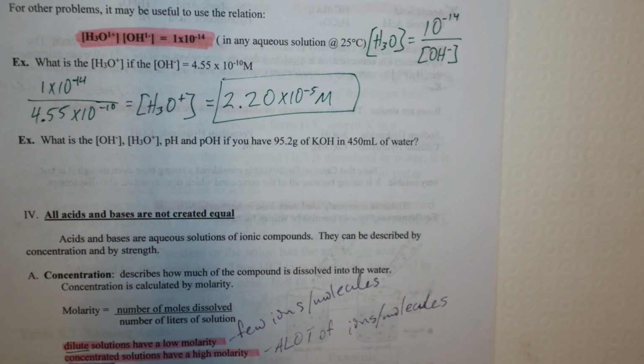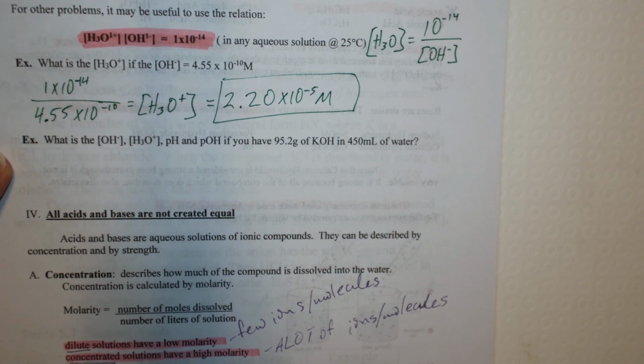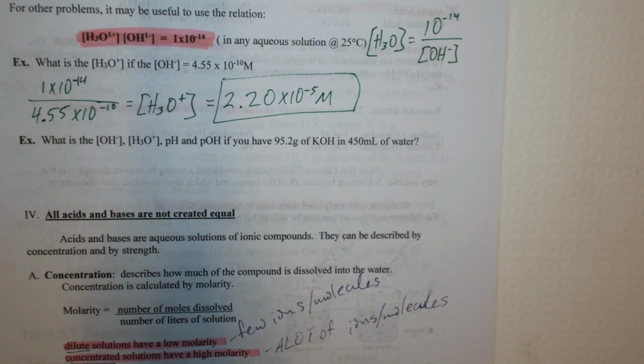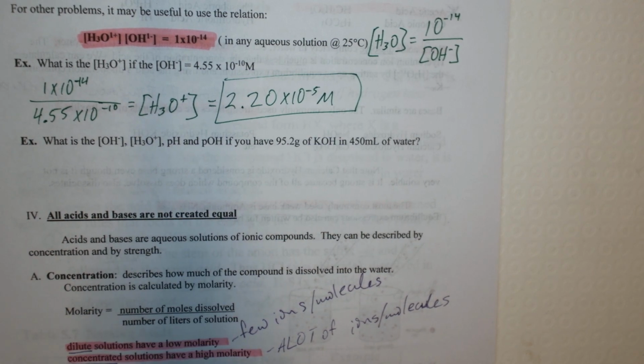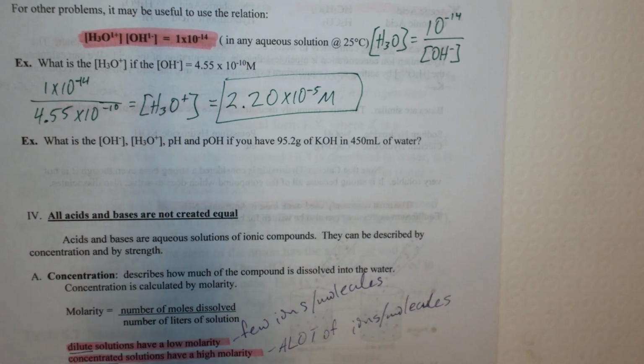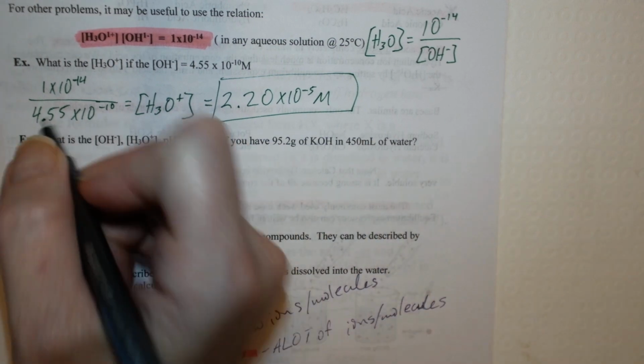Okay. Now, for this one, it says if you have 95.2 grams of potassium hydroxide and 450 milliliters of water, you want to know the hydroxide, the hydronium, the pH, and the pOH for all of that. So first you have to do a little dimensional analysis.